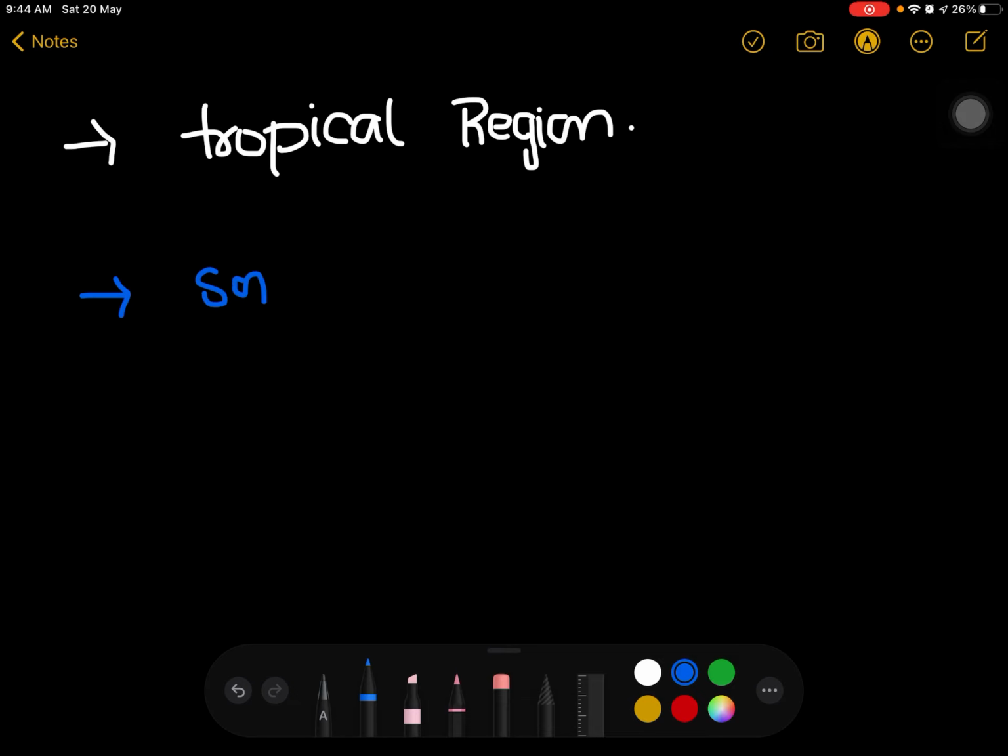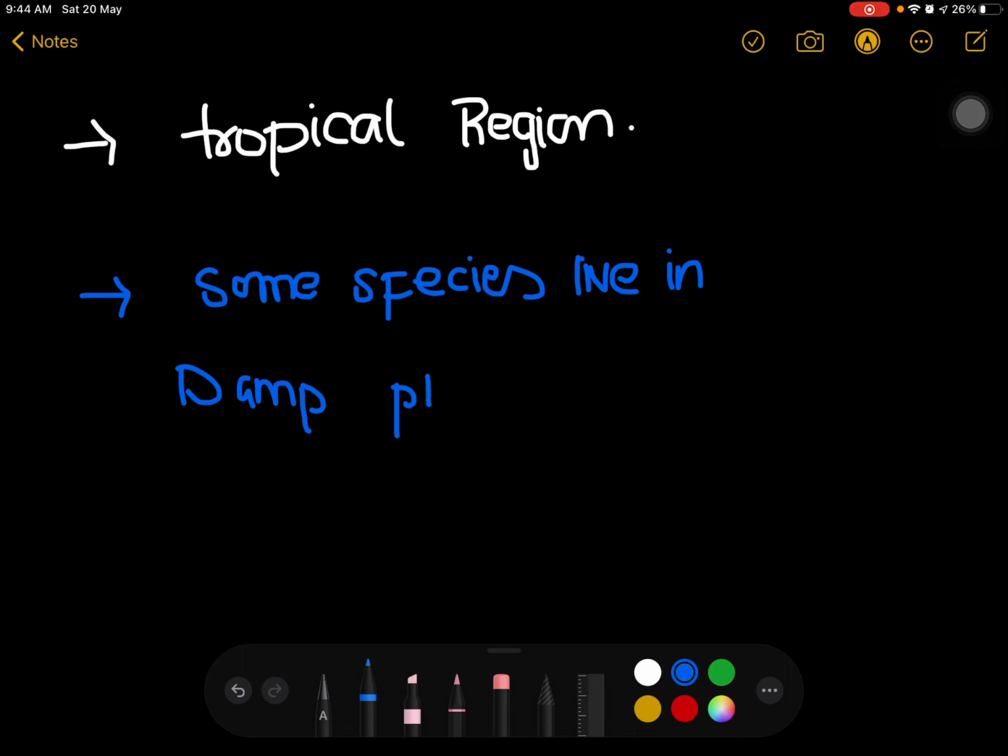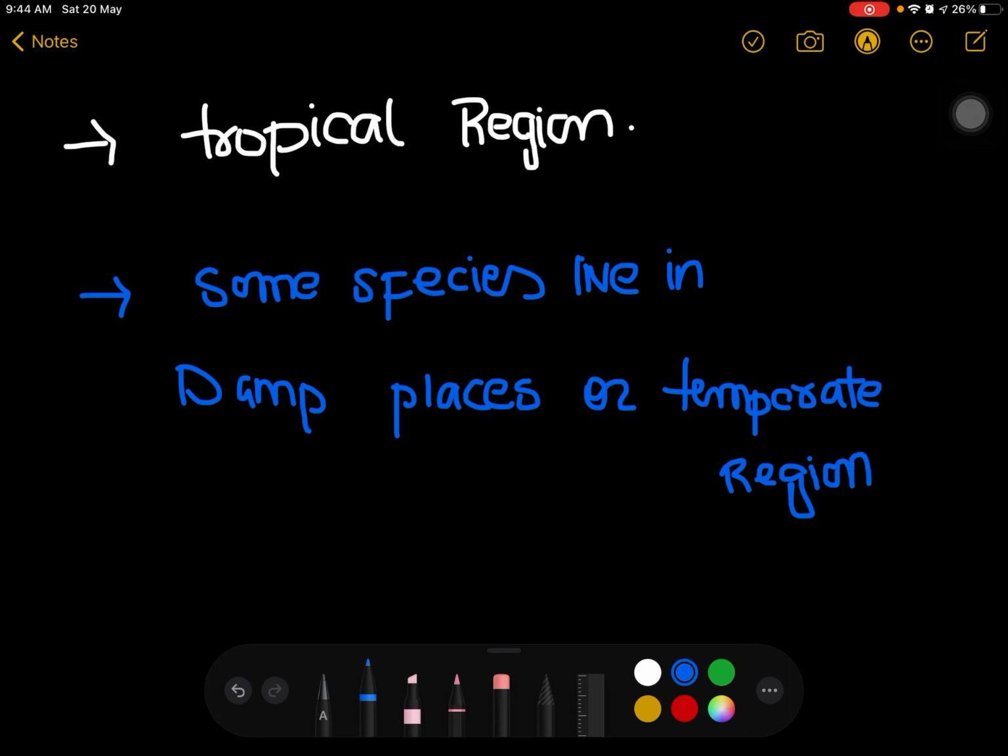Some species live in damp places, or they live in the temperate region.